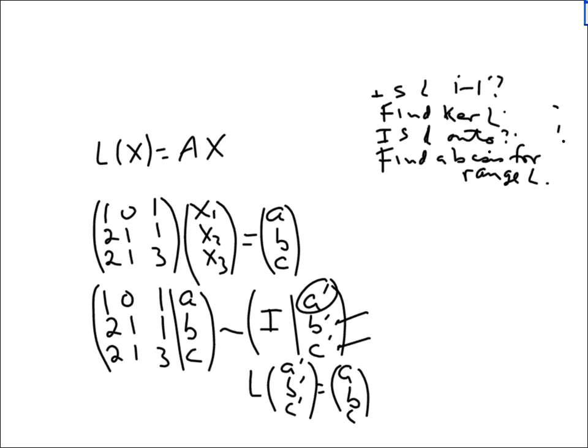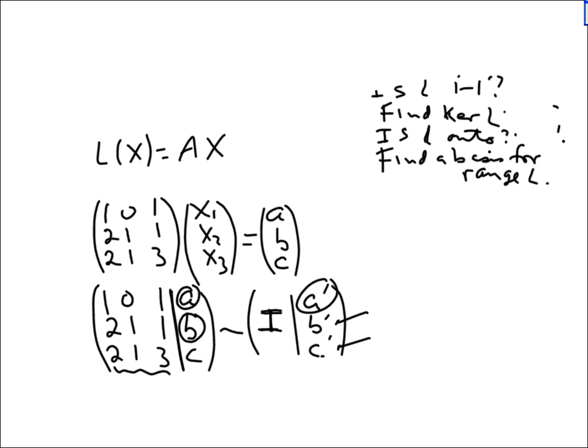Now, again, the reason I know that this is going to work is because the matrix to the left of this line has a non-zero determinant, which means it will reduce to the identity matrix. And adding multiples of one of these to multiples of the others, you're going to get multiples of A, B, and C.